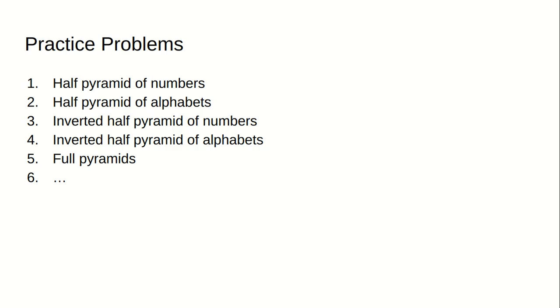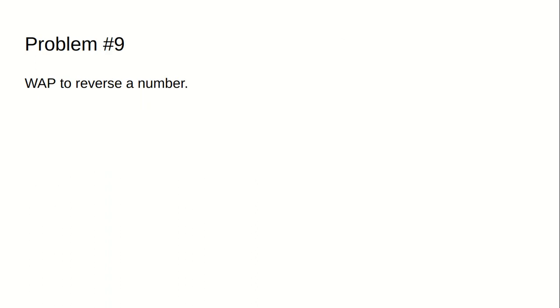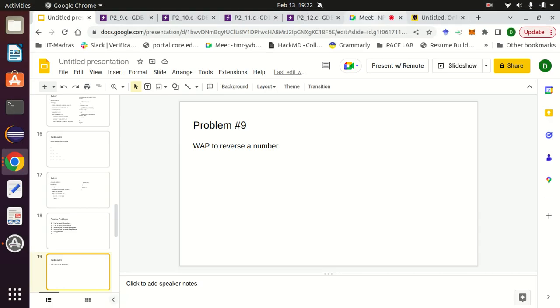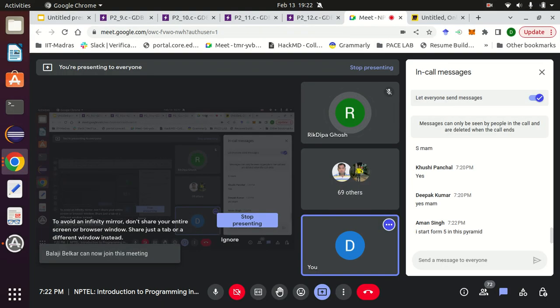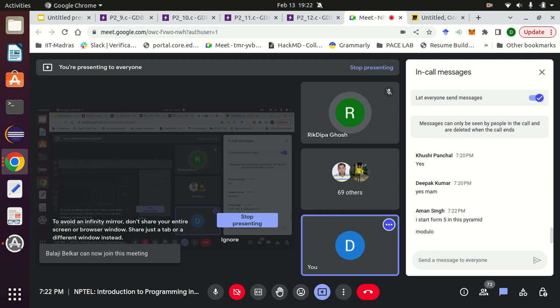Now let's move on to the next thing: how we can write a program to reverse a number. Can we write a program to reverse a number, and if so, how? Yes, ma'am. Any inputs? I'm using loops.